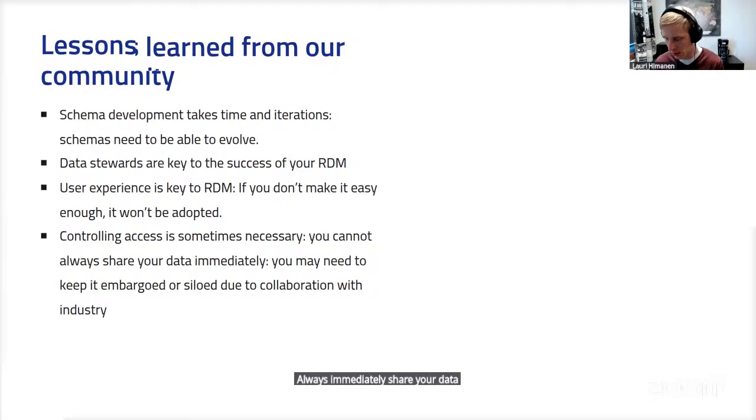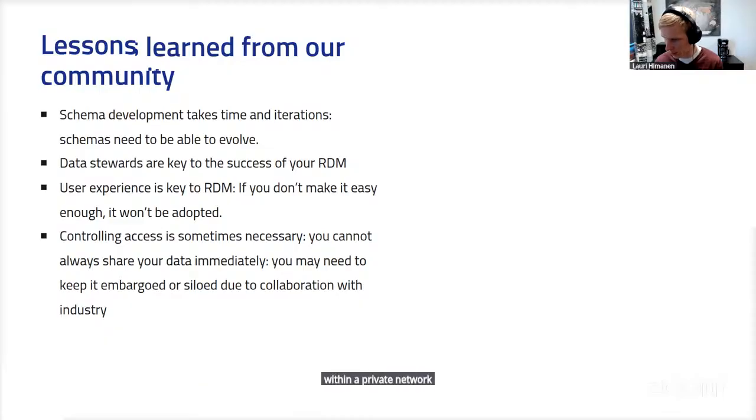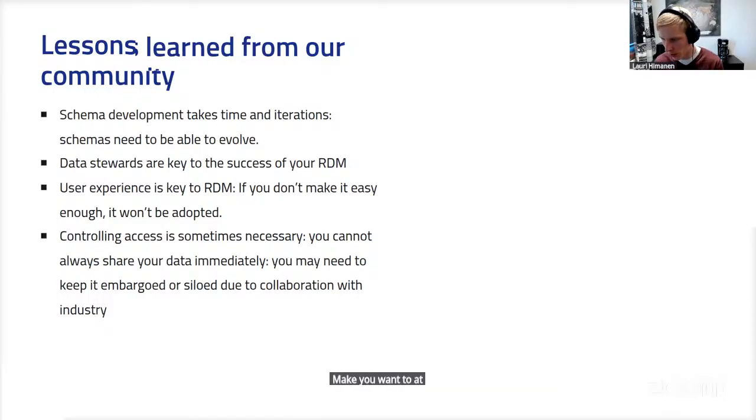You may need to keep it embargoed or siloed within a private network, for example, due to collaboration with industry or fear of idea theft. There are certain things that will make you want to at least withhold your data for a while.